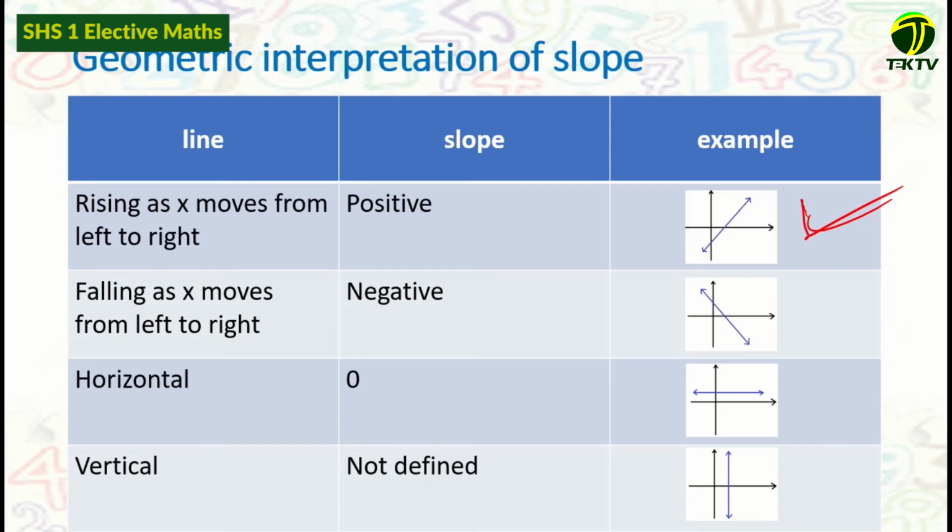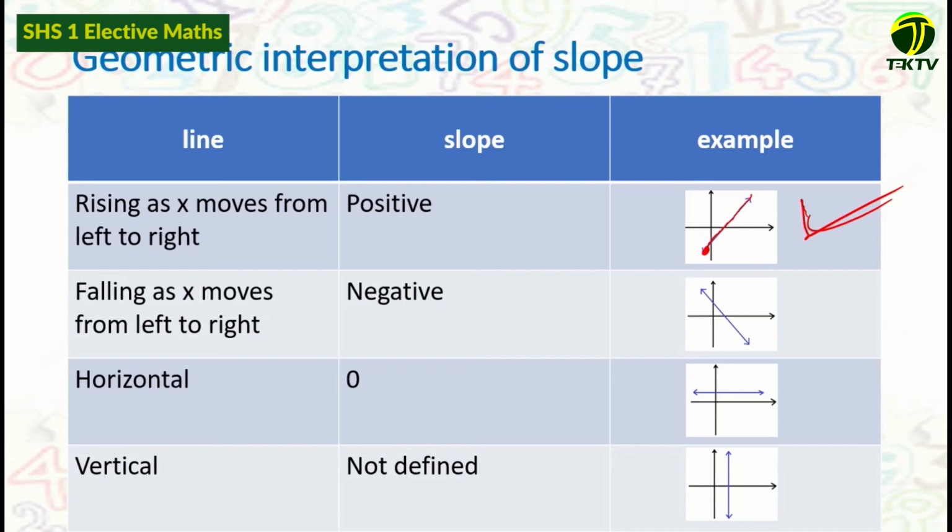The diagonal you see there, you have x moving up toward the positive side of the x. So you check this one, you see it rising as x moves from left to right.